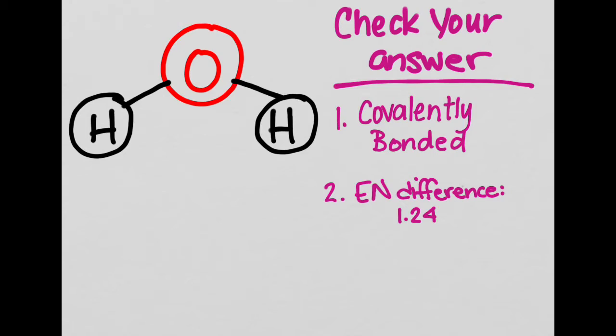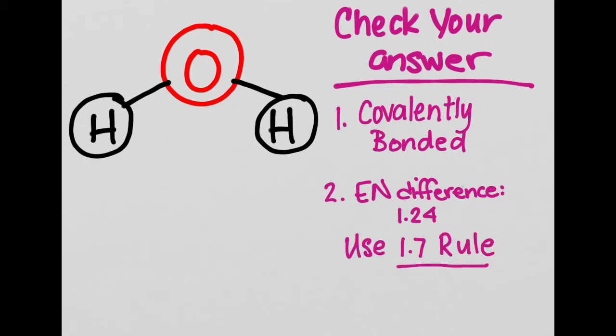I checked both of the electronegativities of each element in this bond on my periodic table, and I found the difference between the two was 1.24. And then the last thing that I know is that my value of the difference is under 1.7, so I know it is a covalently bonded molecule using my 1.7 rule.